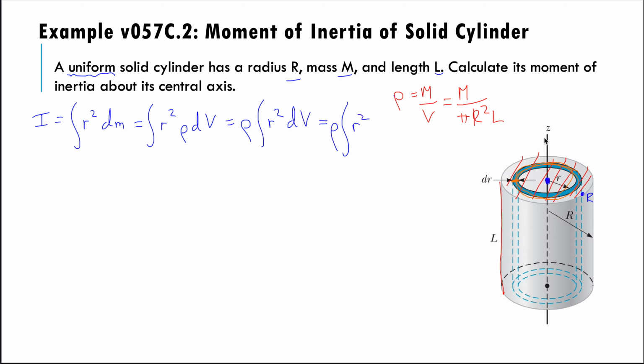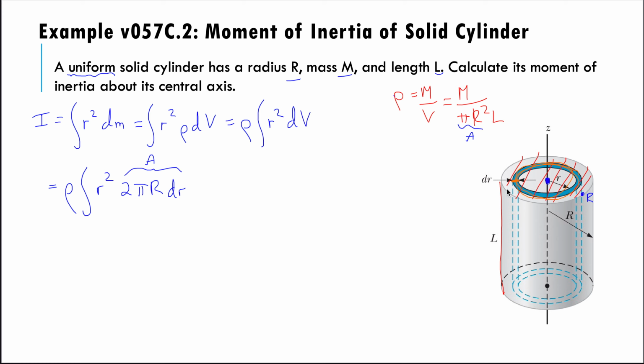The dV is going to be the area, which is the circumference. Actually, I'm going to write it down here so I have more room. So our dV is going to be the circumference, 2 pi r, times the thickness, dr. This is the area, just like this was the area.